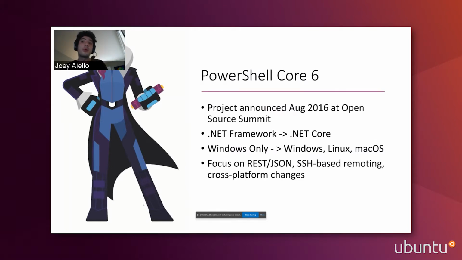We also had to make a number of cross-platform changes. The bulk of breaking changes that we made to PowerShell were in the 6.0 timeframe, and primarily this was around things that we had to do in order to be fully interoperable with non-Windows machines. So you can think, for instance, we had to make a decision on whether to universalize on forward slashes or backslashes, right?